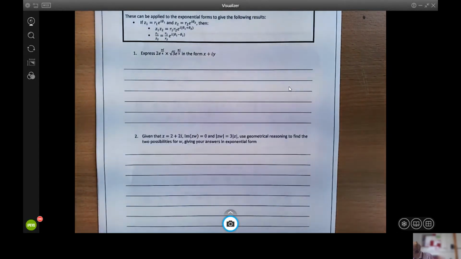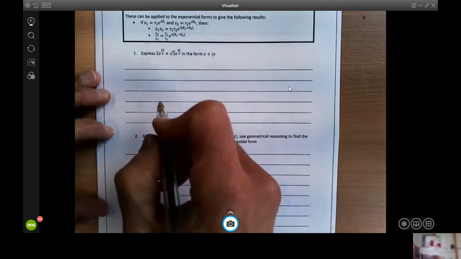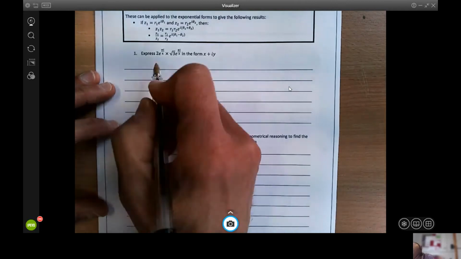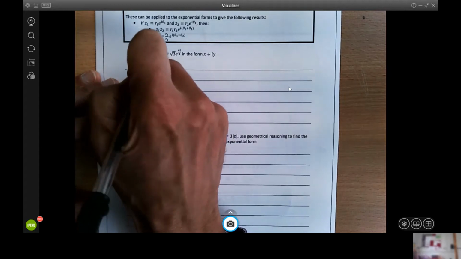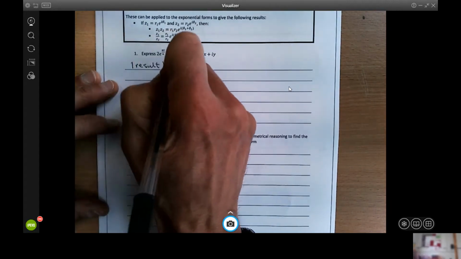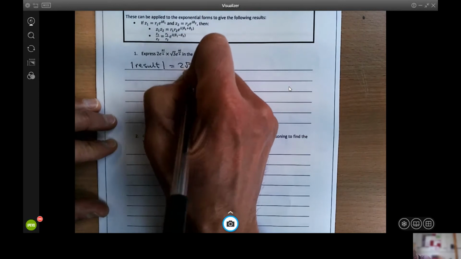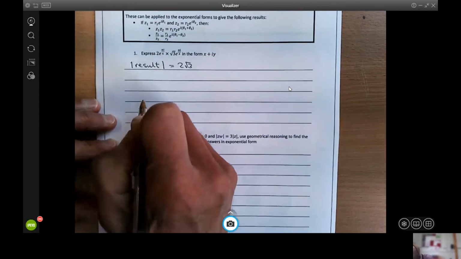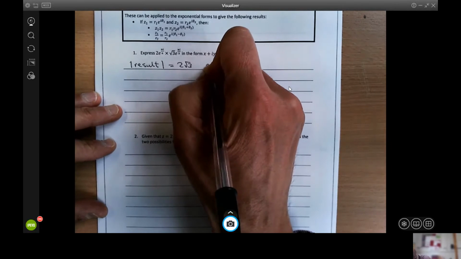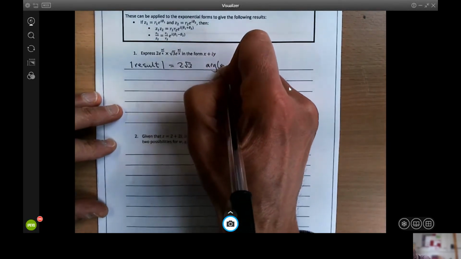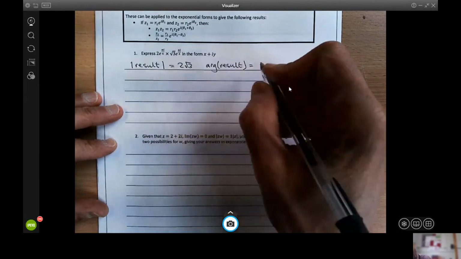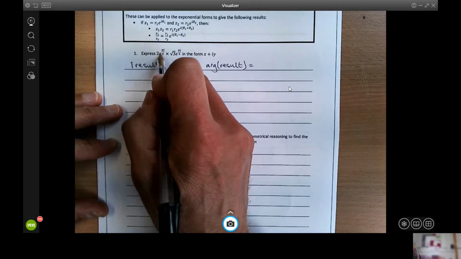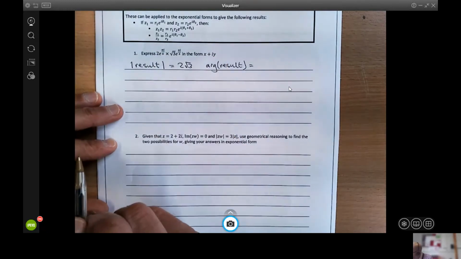So what we are going to do is work out the product of the moduli and the sum of the arguments.